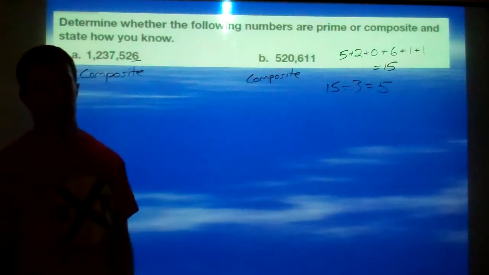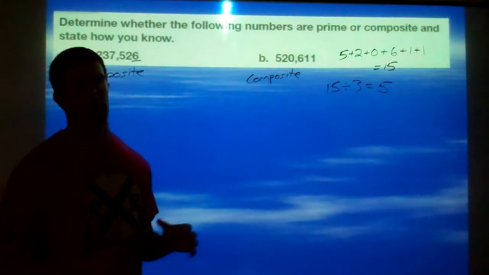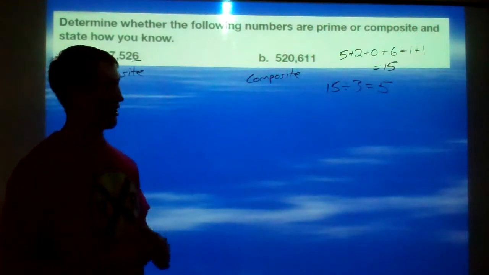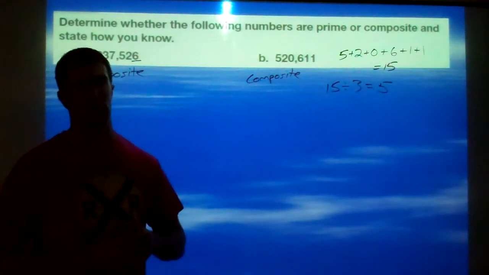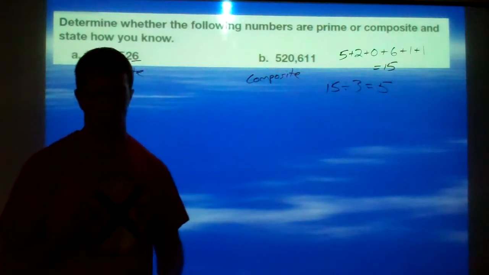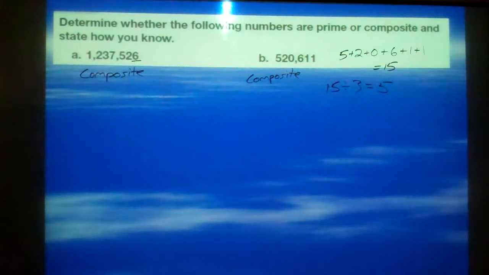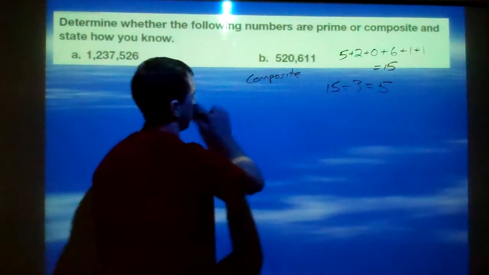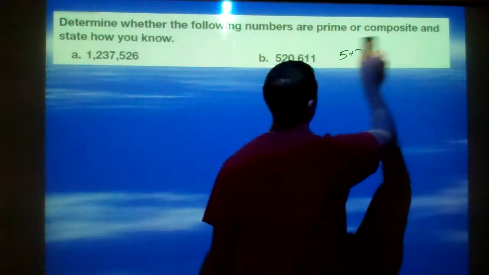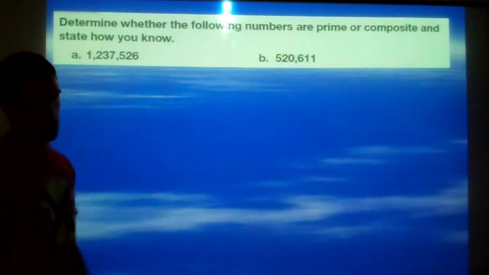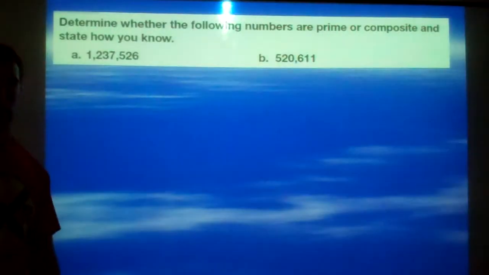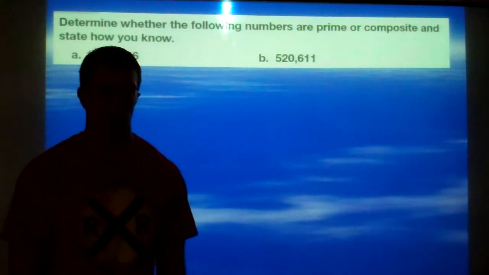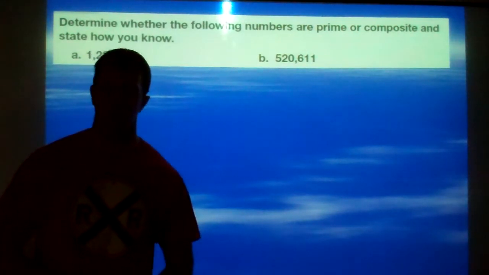It would have been easy to say that this is prime right off the bat, but after we do a little bit of checking, we see that it is also composite, just like the other one. So just be careful, use those rules, and make sure that you are sure that it's composite or prime. Alright, that's the basic introduction to prime numbers, and we'll continue with lesson 10.